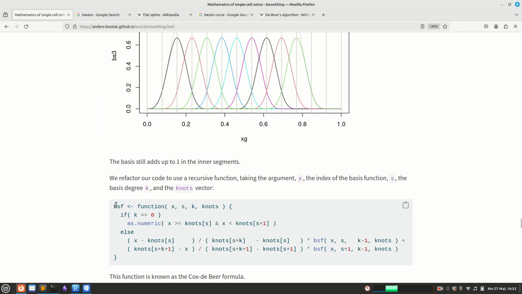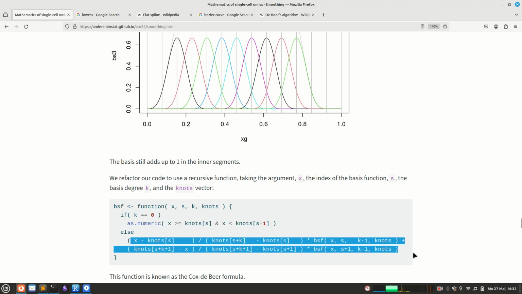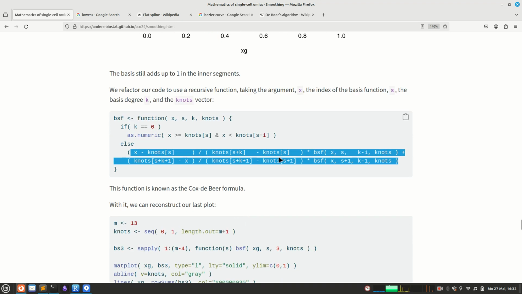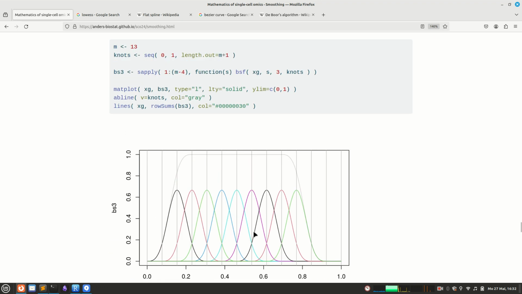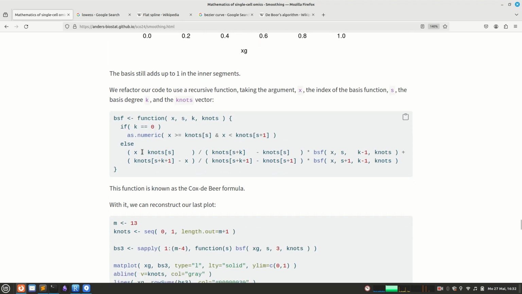And then I get here the de Boor formula, where I have my recursion end at the zeroth level, which just does the constant function, and the others are just these here. And if I add this up, I can use this function to again make this last plot. What I can also do, as you can see, is that it always takes this vector of the knots, and at the beginning I put the knots equidistant.